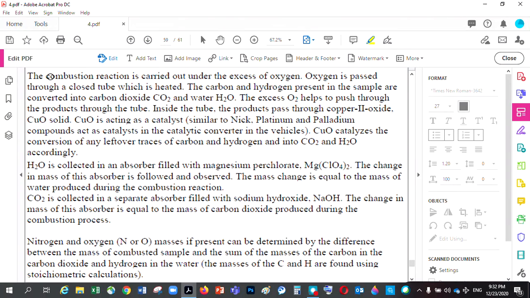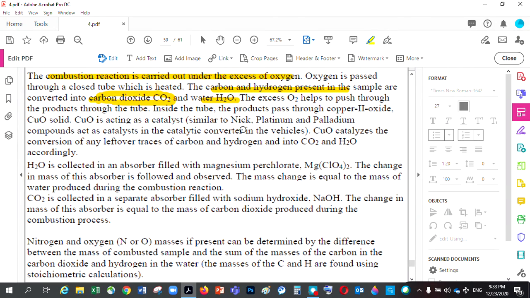The combustion reaction, if you look here, is carried out under excess of oxygen, as I said, passed through a closed tube, which is heated. The carbon and hydrogen present in the sample are converted into carbon dioxide here, and H2O here. The excess O2 helps to push the products through the tube.